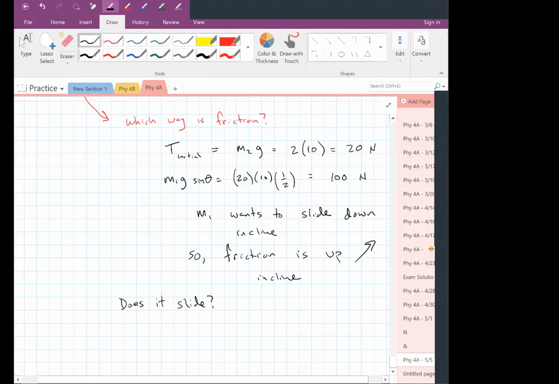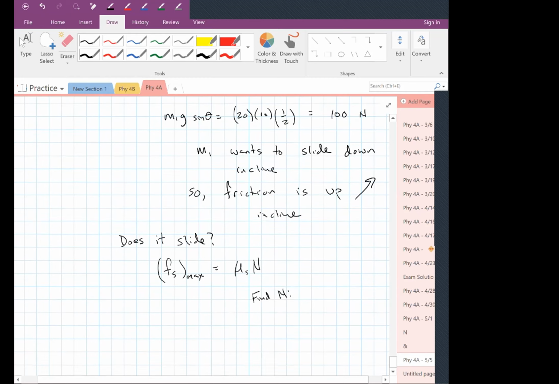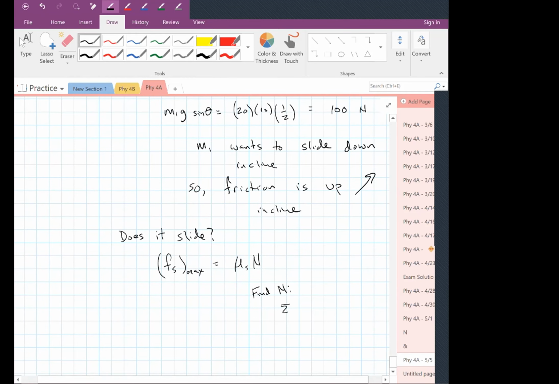So we have to find the maximum static friction force. And in order to do that, we need the normal force. We need N. So find N. Sum of the forces in the perpendicular direction.